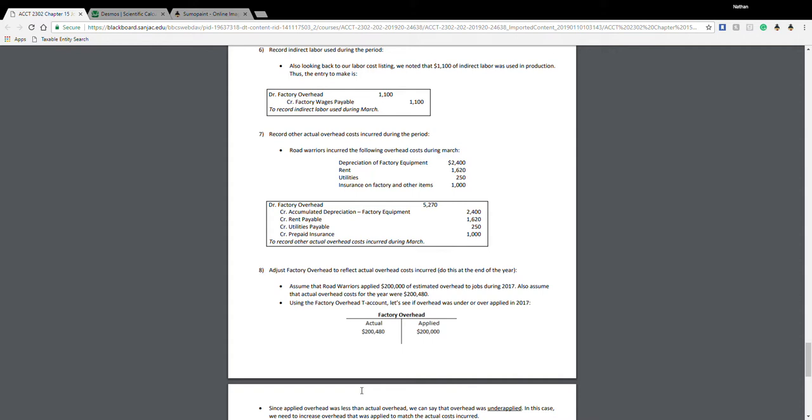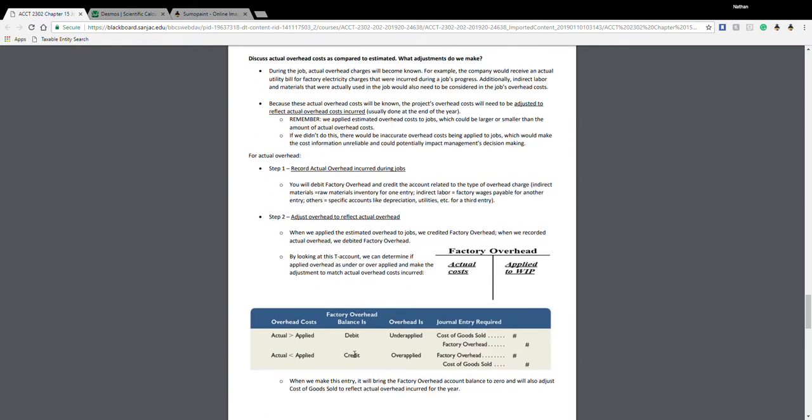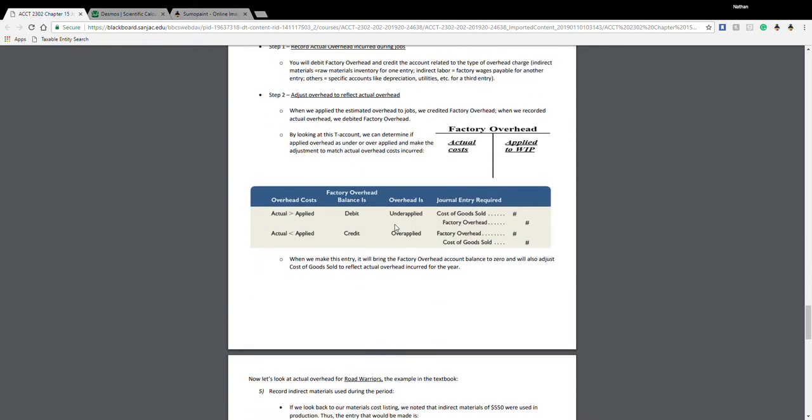They were close, but not close enough. So we have 480 debit. Again, the difference between those two, but seeing as this is actually greater, we know if we look at this chart that we have underapplied our overhead. So we're going to be looking at this journal entry right here.